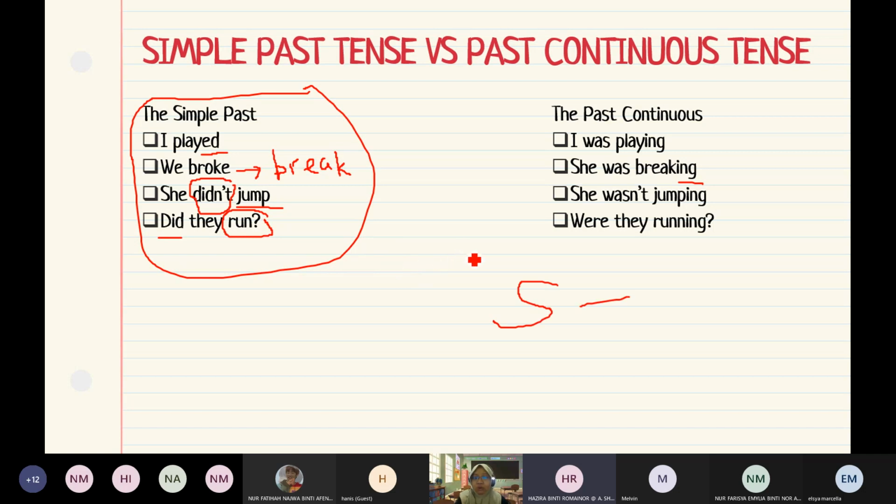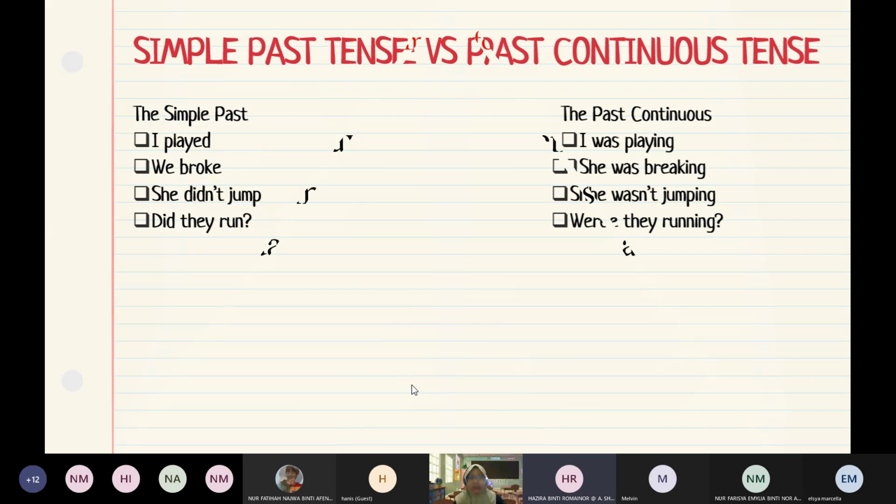Singular, you use was. Meanwhile, for were, you use for plural. So you have to bear in mind the subject, whether it is singular or plural. Okay, all right, let's look at other example.